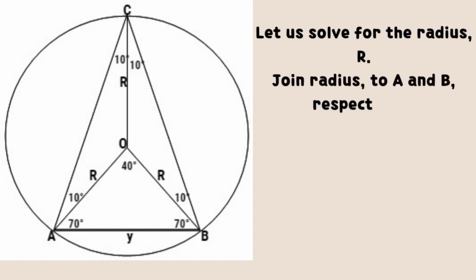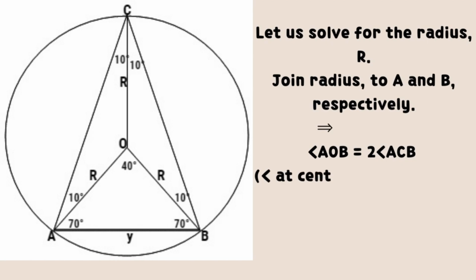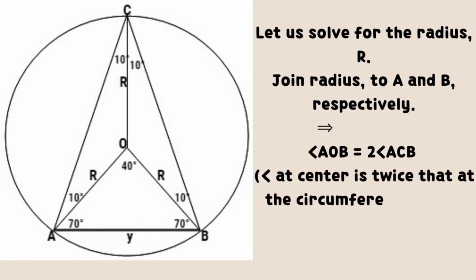Let us solve for the radius, r. Join radius to A and B, respectively. This implies that angle AOB equals 2 times angle ACB. The angle at the center is twice that at the circumference of the circle.